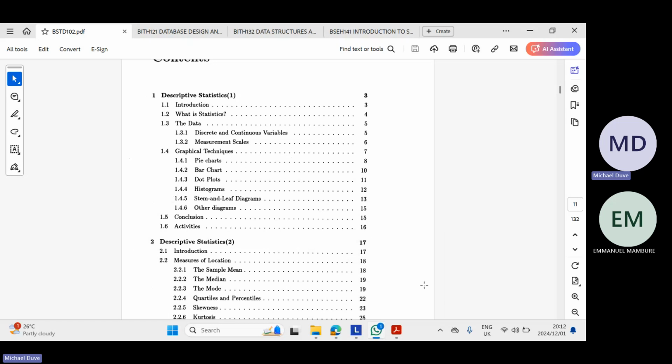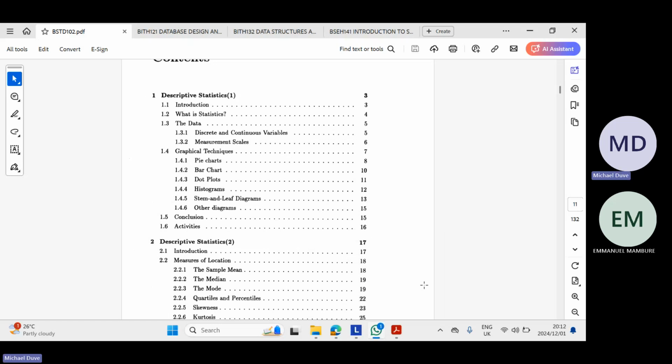Statistics can be said to be the science of collecting, analyzing, interpreting, presenting, and organizing data, right? It involves using mathematical techniques to summarize and describe data, as well as to draw conclusions and make predictions based on that.